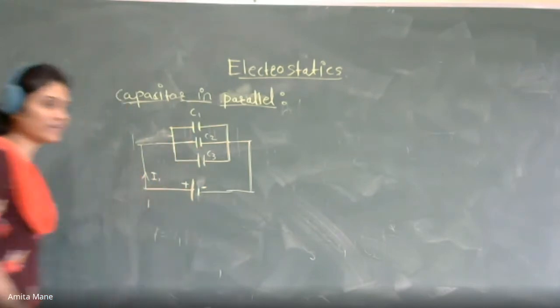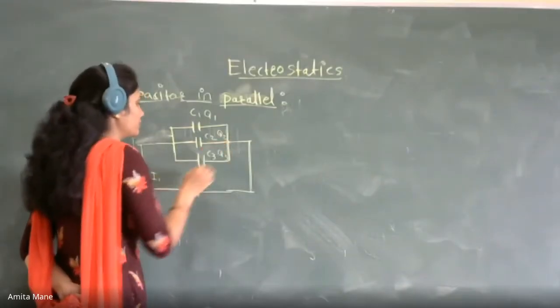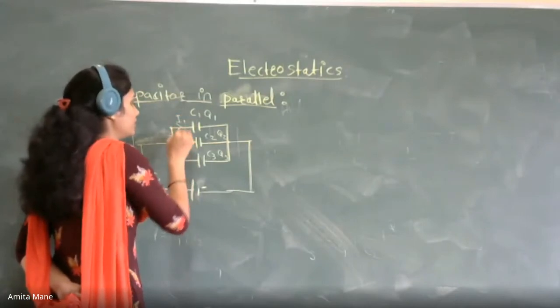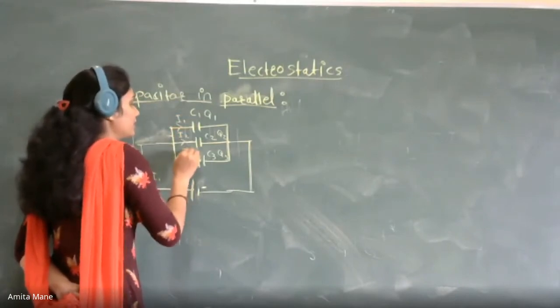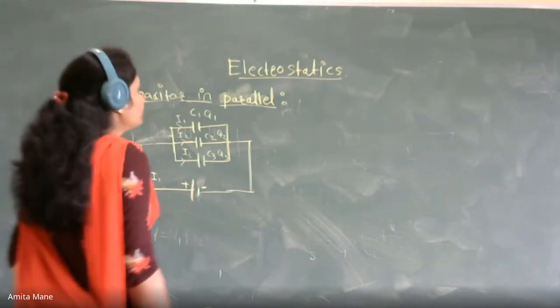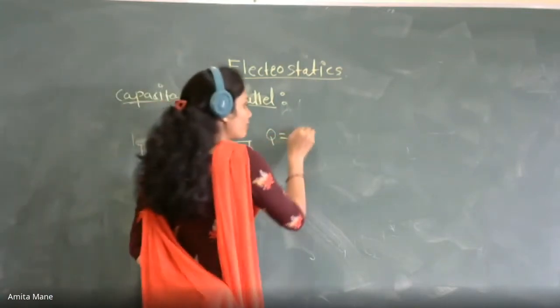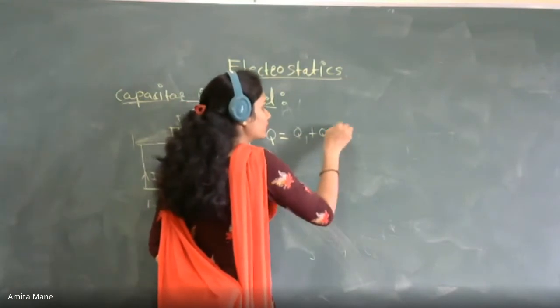Now, in this case, the charge on each capacitor will be different, right? Q1, Q2, Q3, with currents I1, I2, I3. But the voltage across each capacitor will be the same as they are connected in parallel.